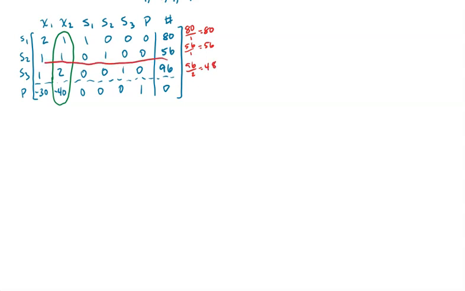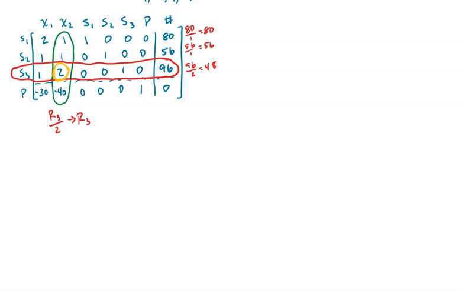And then we pick the smallest. So this 2 right here is going to be our pivot. All right, so the row operation to turn that into a 1 is going to be row 3 divided by 2 will be our new row 3.